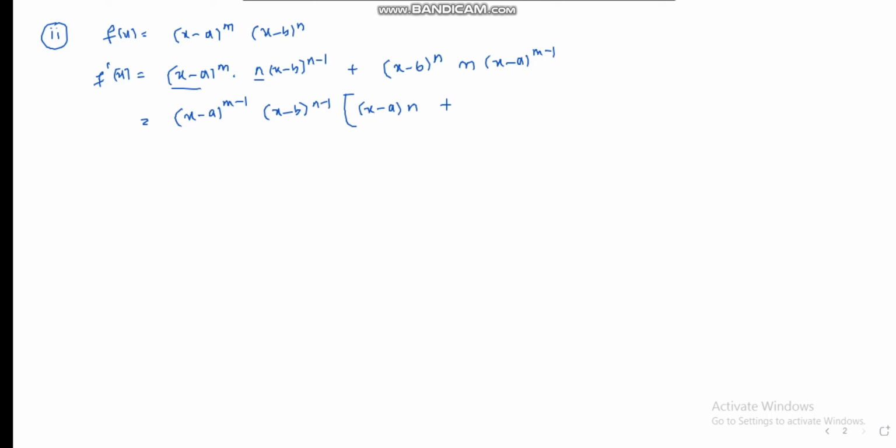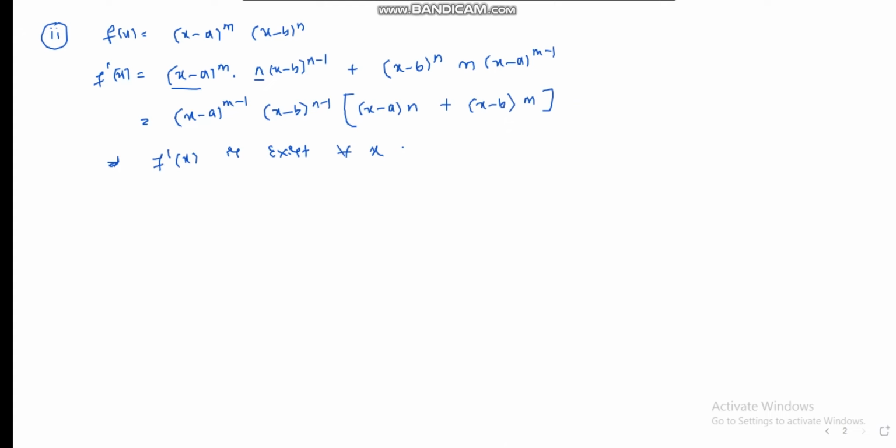Then, plus, in the second part, already taking (x minus b) whole raised to n minus 1, the remaining is x minus b only, and (x minus a) whole raised to m minus 1 is already taken out, so the remaining term is m only. Therefore, this implies that f dash of x exists.